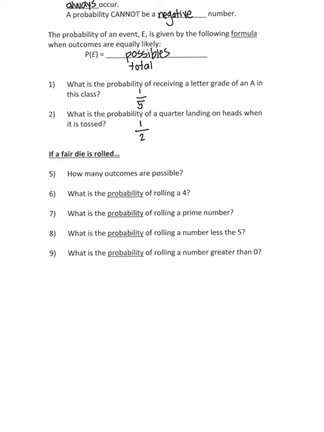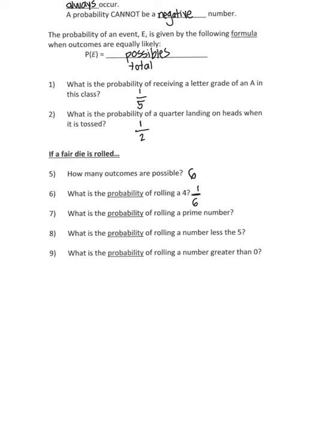If we have a fair dice that's rolled, how many outcomes are possible? Well, a typical dice goes up from 1 to 6, so there's 6 possible outcomes for that dice. The probability of rolling a 4 is 1 out of those 6, so that would be a probability of 1/6.